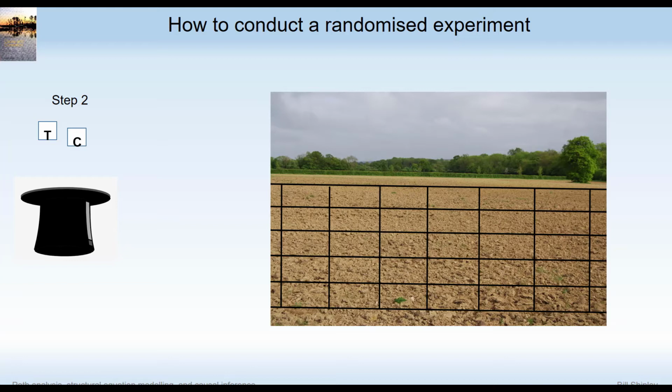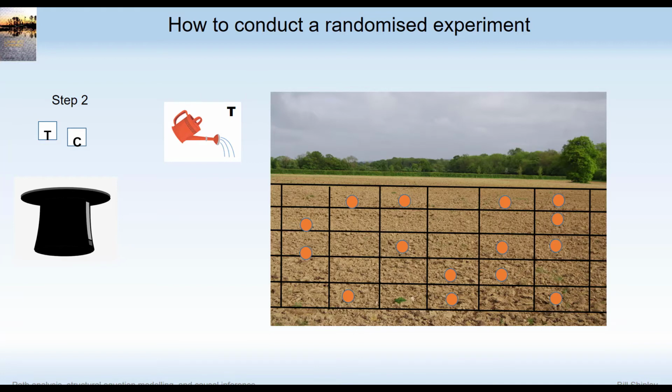Notice the idea here is that you're randomly allocating the treatment or the control to each plot. And because this is a random allocation, we can assume that whatever is happening between the variables in our experimental units, the addition or not of the treatment has not been determined based on these attributes.